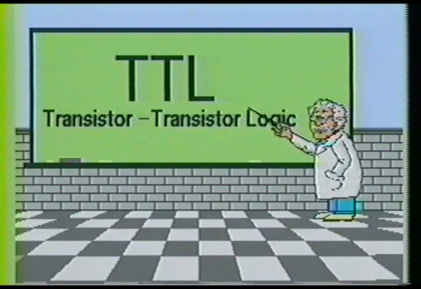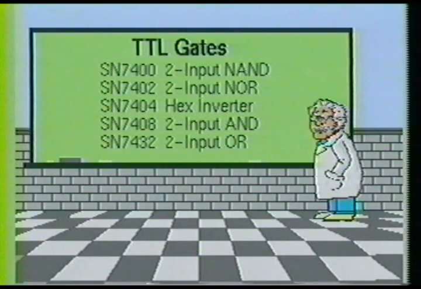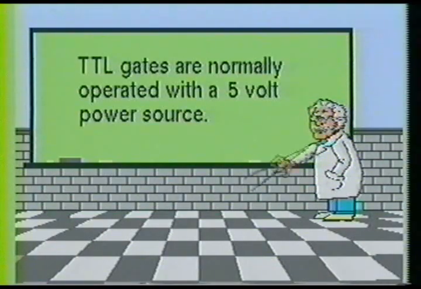TTL stands for transistor-transistor logic and is among the most widely used of the logic families. TTL devices are generally classed in the 7400 group for commercial use. Supply voltages for the TTL family will typically range from 3.5 to 5 volts, with 5 volts being the maximum allowable voltage.